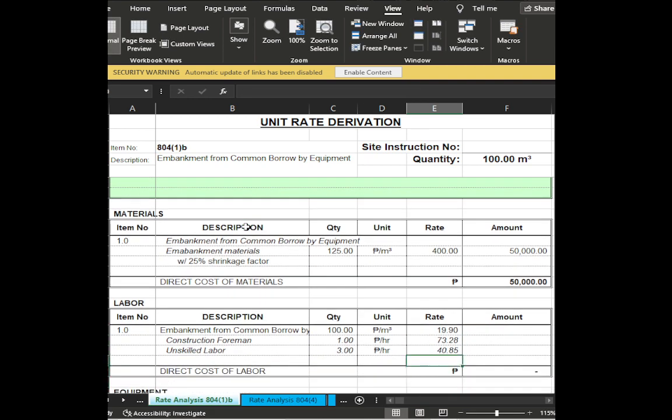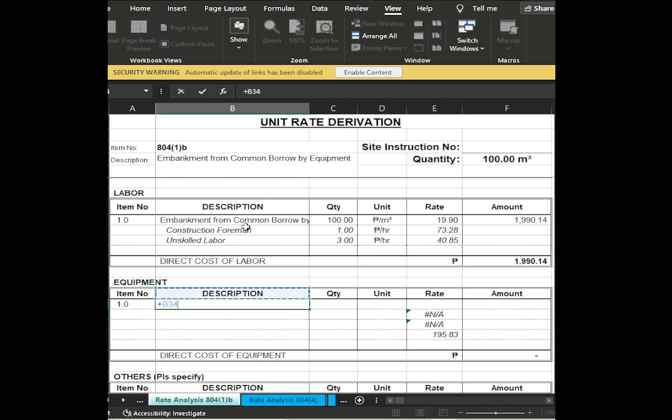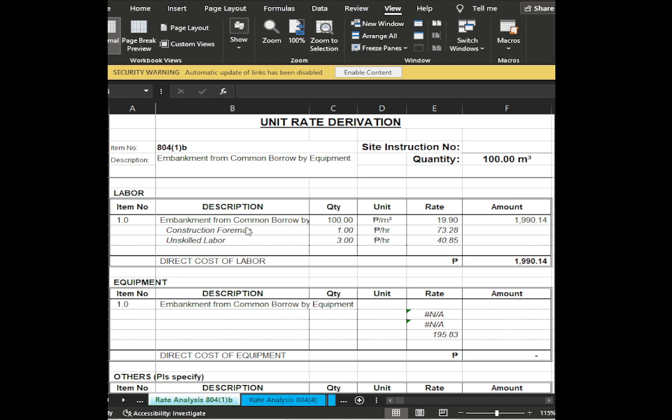So we have only 19.9 labor cost per cubic meter. Multiply it by 100, our labor is 1,990 per 100 cubic meters of embankment.